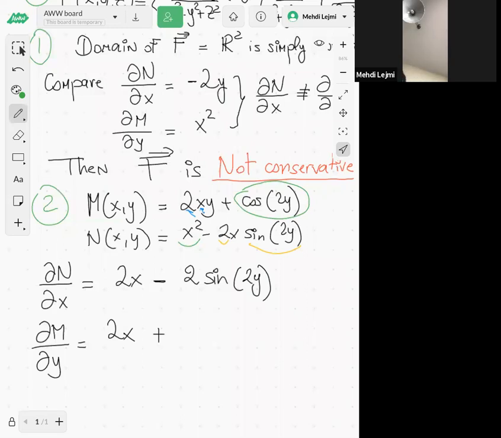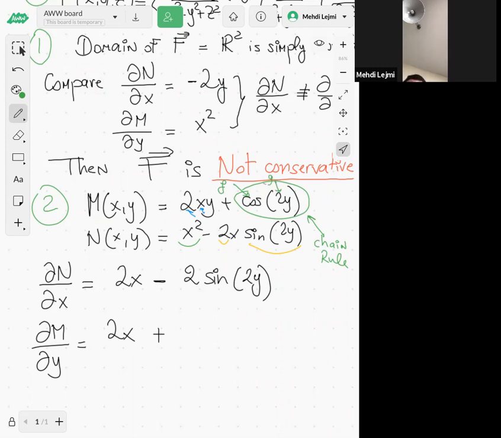Okay, so if you want to compute the derivative of the cosine of 2y with respect to y, you need to apply the chain rule. The cosine would be your function f, and the 2y would be your function g, right?